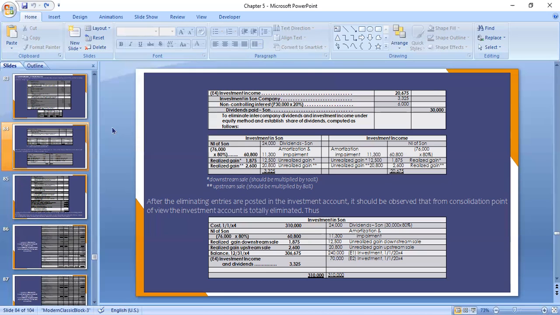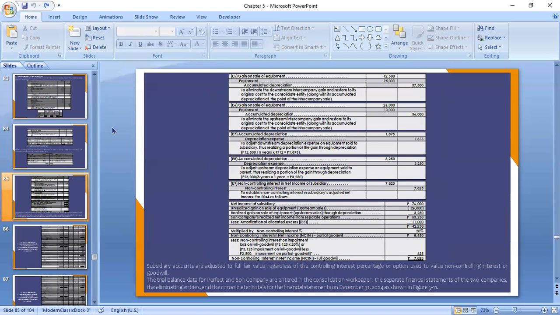After the eliminating entries are posted in the investment account, it should be observed that from the consolidation point of view, the investment account is totally eliminated. So to the investment account, we have these debits and credits. Take note that the investment account is eliminated. Debit 310,000, the same with credit.